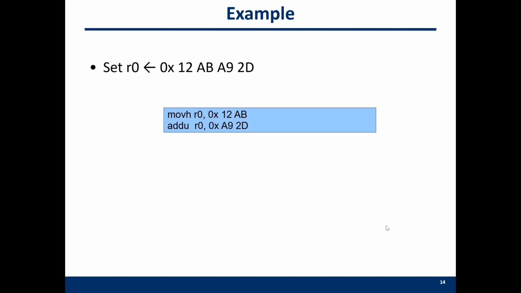So the second half of the move is actually addition. And please notice that add U means you treat the two variables, two registers, as unsigned numbers.